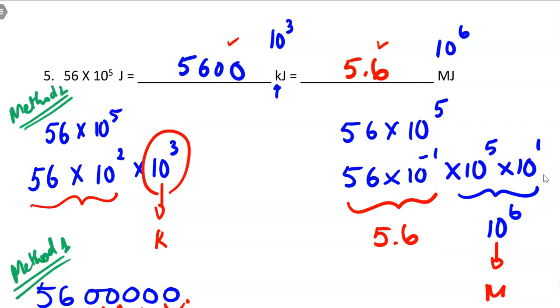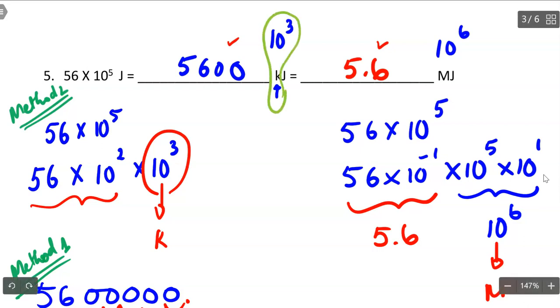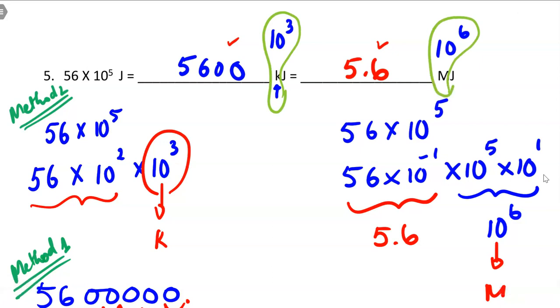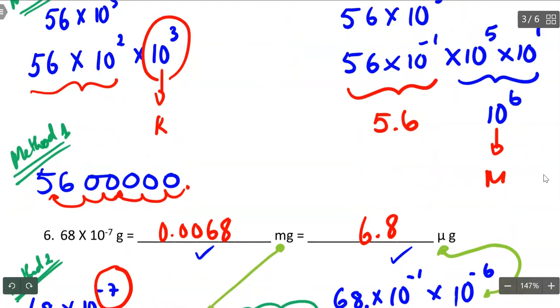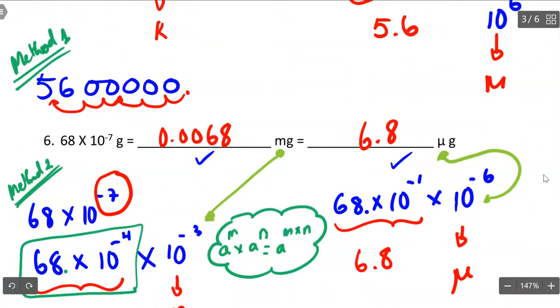And this one again, method 1 and method 2, and the first one should be 5600, and I just want to circle this and this together just to show everyone why we have that. Alright, okay, and this one and this together here. Okay, maybe I should use another color.